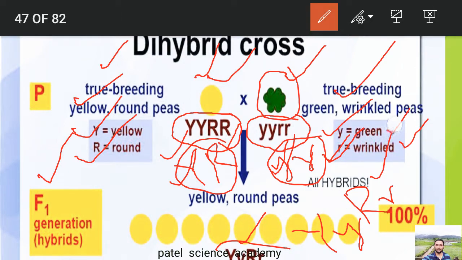This is the F1 generation, and it will definitely show yellow color because of the capital Y, and round shape because of the capital R. They are dominant over the green color and the wrinkled shape, so these are called hybrids, and their phenotype will be yellow round.